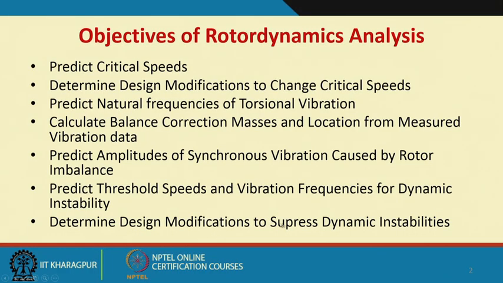So, obviously, particularly in plant machineries, there is always a limit that this is the safe operating speed, and that is there for any rotating systems. But then one of the other objectives of the rotordynamic analysis is to suppress such dynamic instabilities.